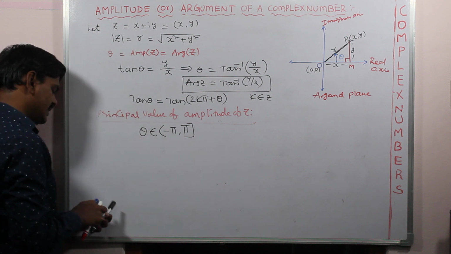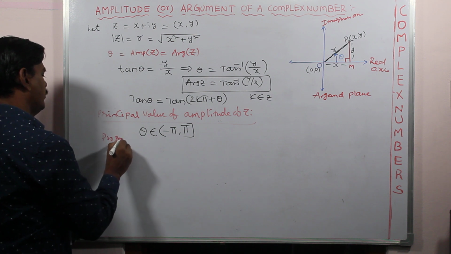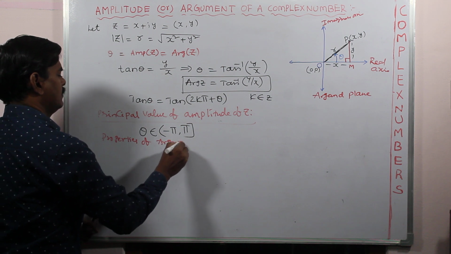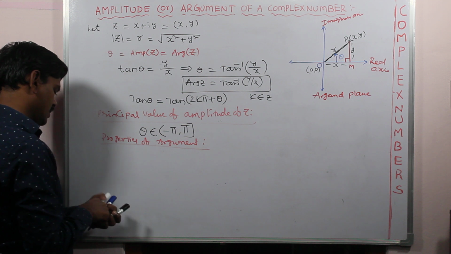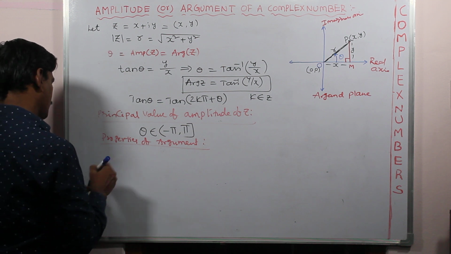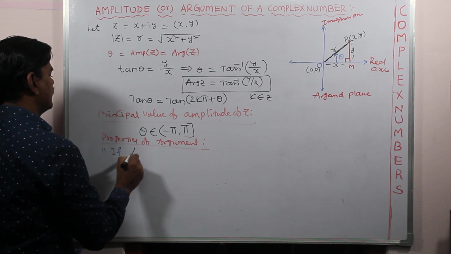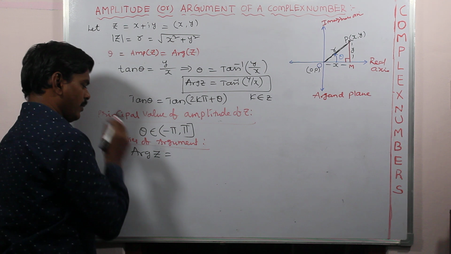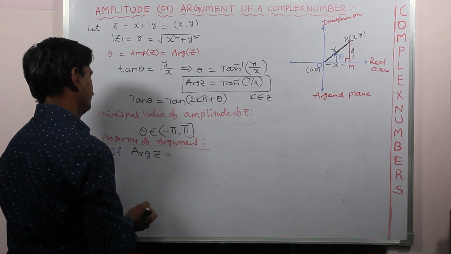Next we will see some properties of argument. If argument of z is known, we can find argument of z bar.